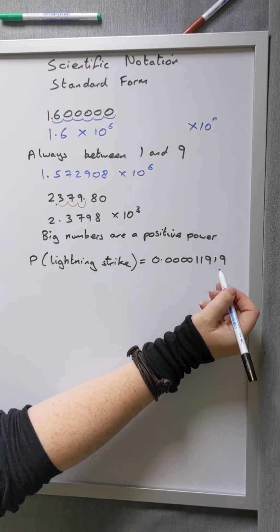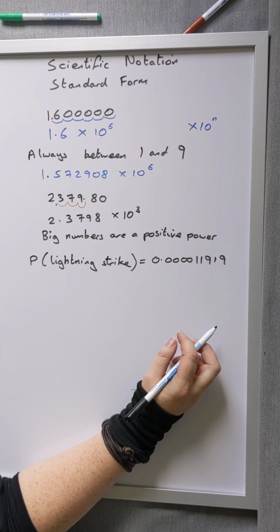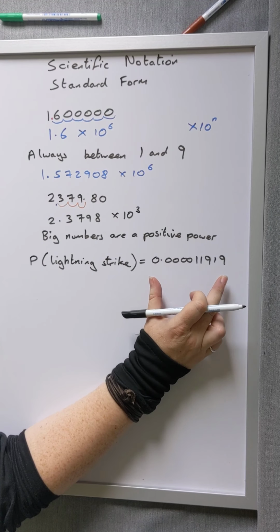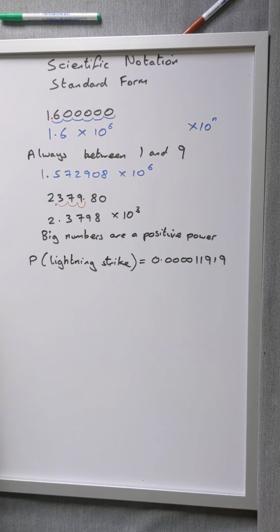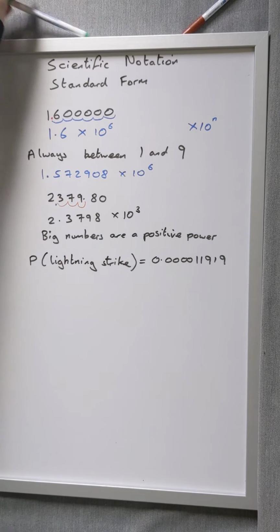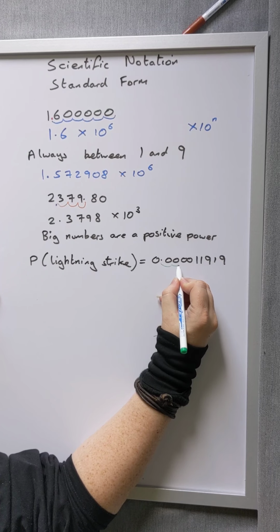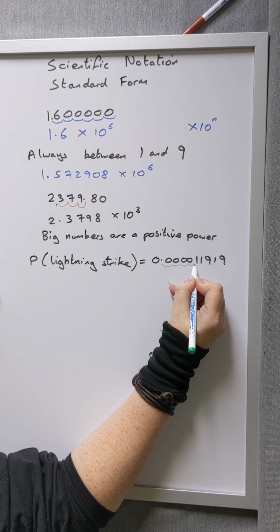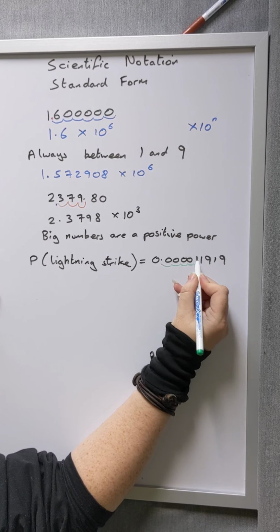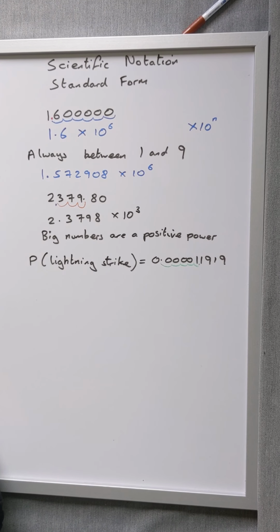Now that's a very, very small percent, but we would be writing that in scientific notation. So we're looking at how far this decimal point moves. It's gone 1, 2, 3, 4, 5 places to get to its first number.